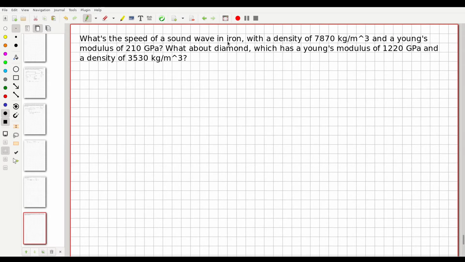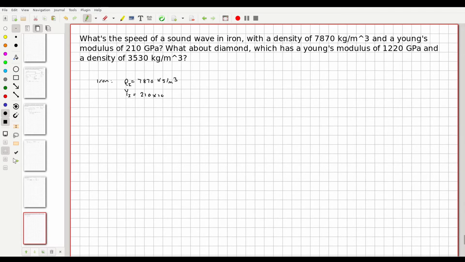Well, it's the speed of a sound wave in iron, which has a density of 7,870 kilograms per cubic meter, and a Young's modulus of 210 gigapascals. And then I want to take a look at diamond. So for iron, we have a density of 7,870 kilograms per cubic meter, and a Young's modulus for iron of 210 gigapascals.